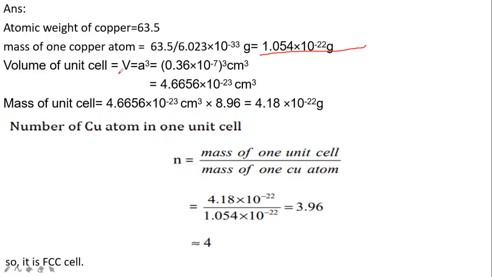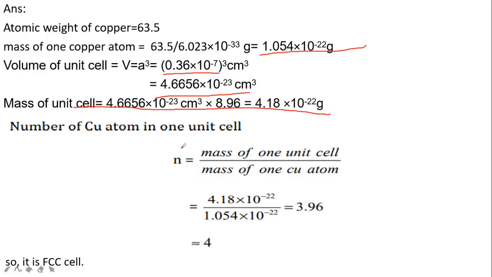Volume of unit cell. What is volume? Volume is the cube of one side, obviously. Because it is a cubic type of structure, but we don't know what type of cubic, FCC, BCC, SC or what type of. So we will just do the cube of this one. We are getting this, and mass of unit cell, we know how to calculate.